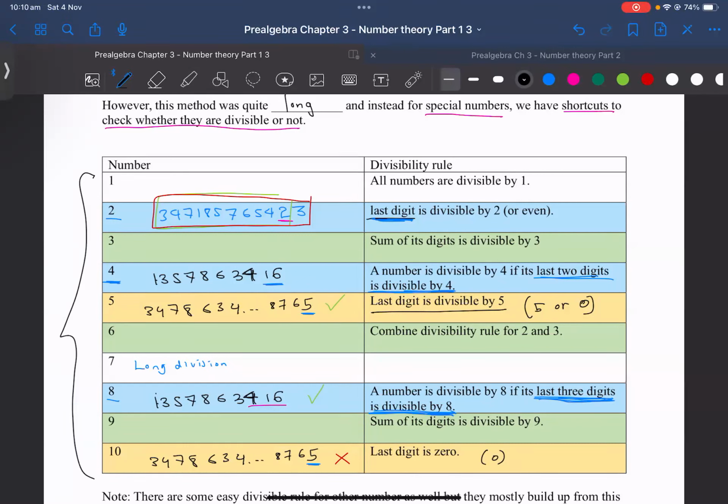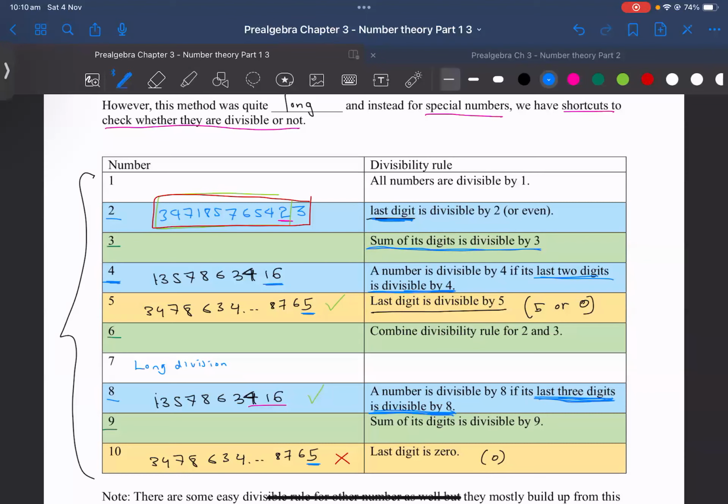So we've done 2, 4, 8, and 5 and 10. Now we're going to go to the final set of divisibility rules, which is for 3, 6, and 9. These ones are, in my opinion, probably the trickiest, but they're still not too bad. To see if a number is divisible by 3, we need to check if the sum of its digits is divisible by 3.